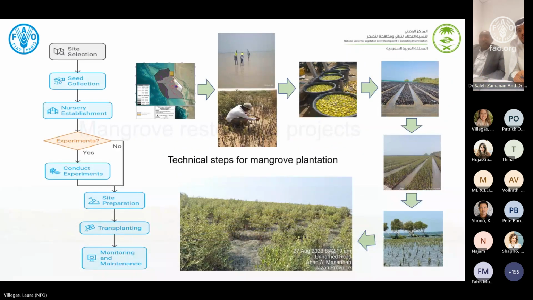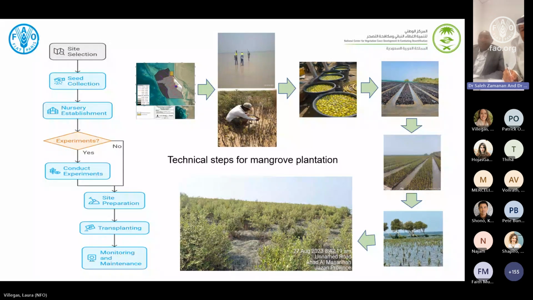These are the steps that we follow for the plantation. Firstly, we go for the selection of the sites. As mentioned in the first slide, we have a total coastal area in the Arabian Gulf and Red Sea of approximately 2,030 kilometers, but some areas are inaccessible, so we cannot go there.